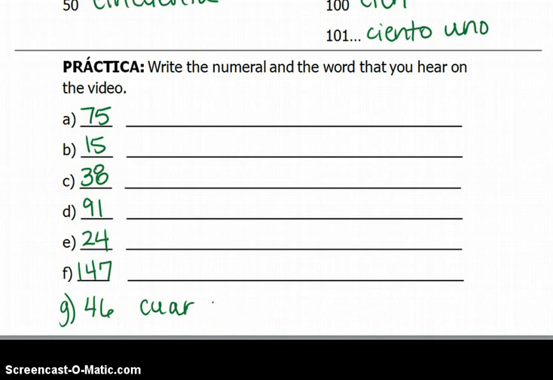Sorry for my mistakes. Can we write 46 like this? C or no? Thank you.